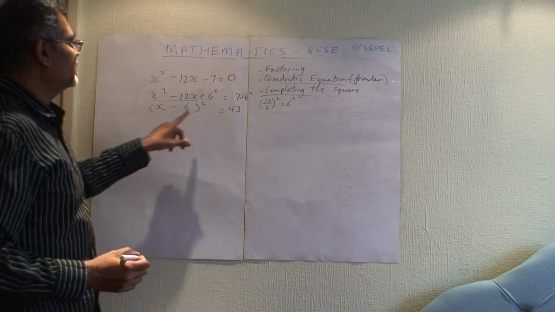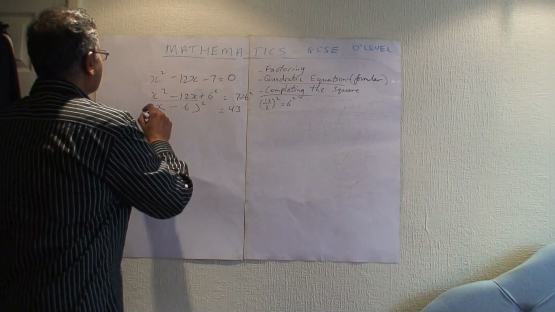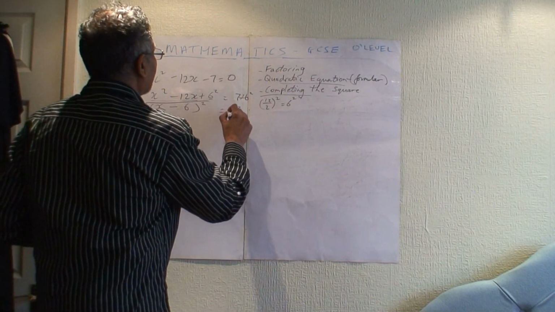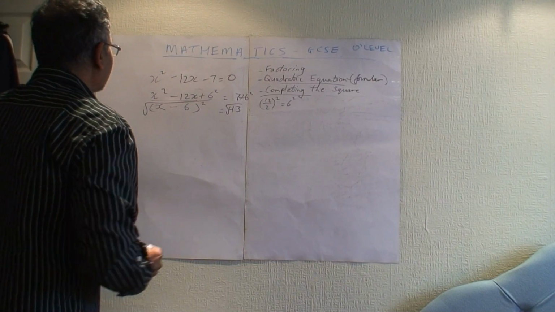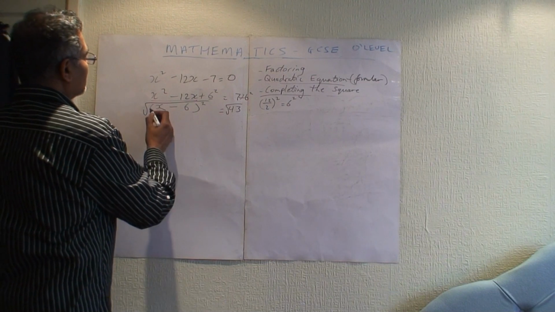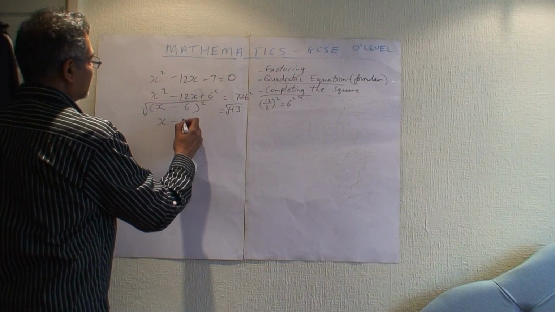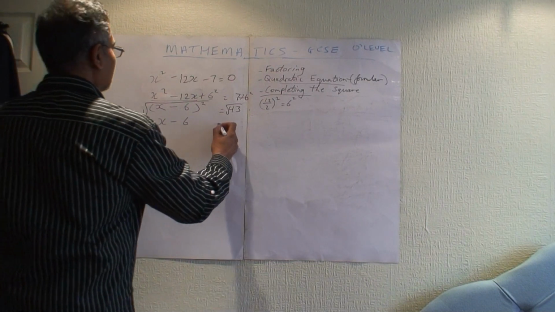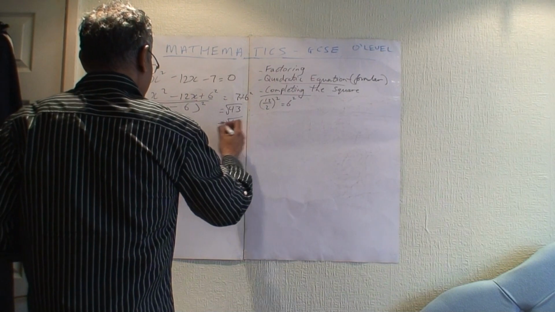Like in our previous example, to get rid of the square we use the square root. So the square root comes off, this 2 goes, and the brackets go. So we have x minus 6 is equal to the square root of 43.